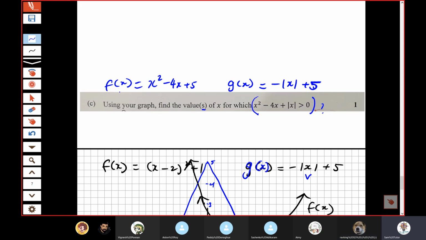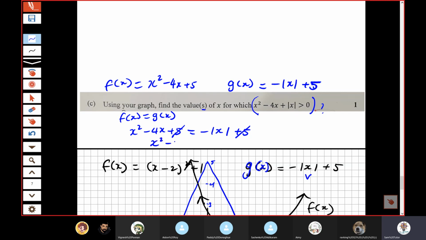So if I made f of x equal to g of x, x squared take away 4x plus 5 equal negative absolute value of x plus 5. Then when I bring everything to one side, the 5's would cancel out.